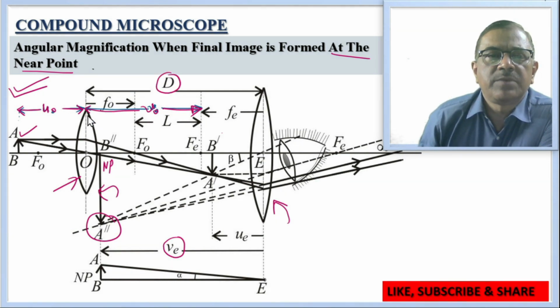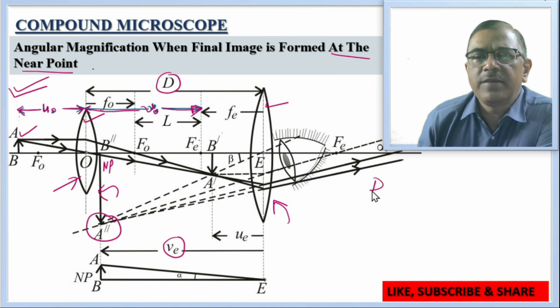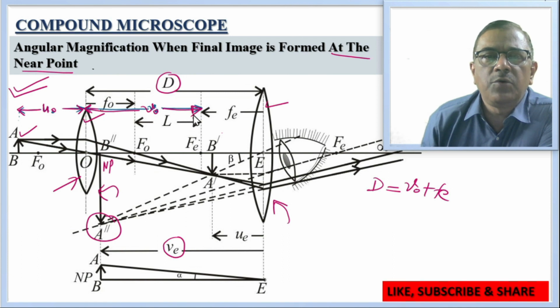Capital D is the separation between the objective lens and the eyepiece, which is given by D is equal to VO plus FE. As you can see, this capital D is basically equal to VO plus FE.